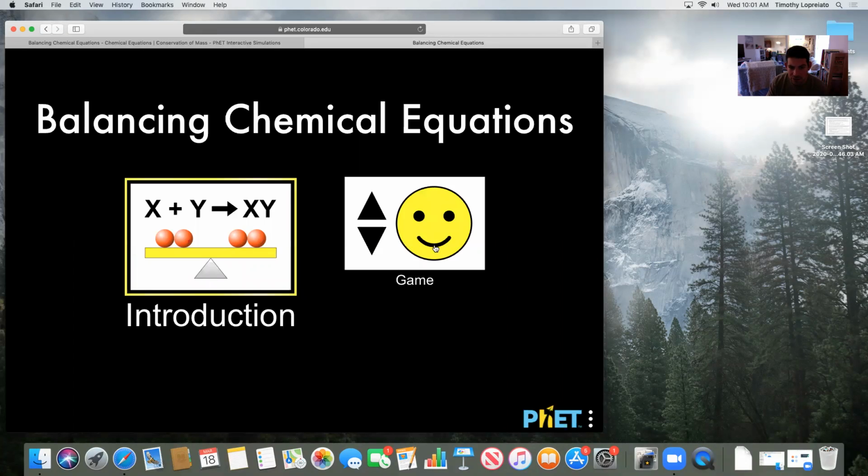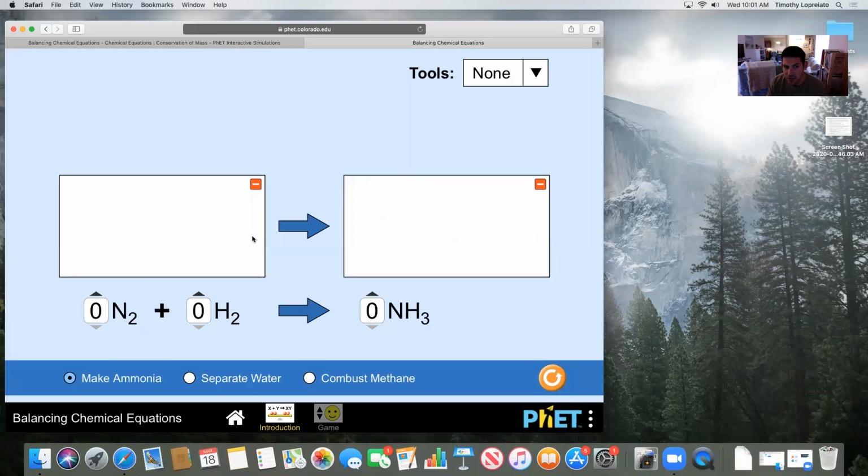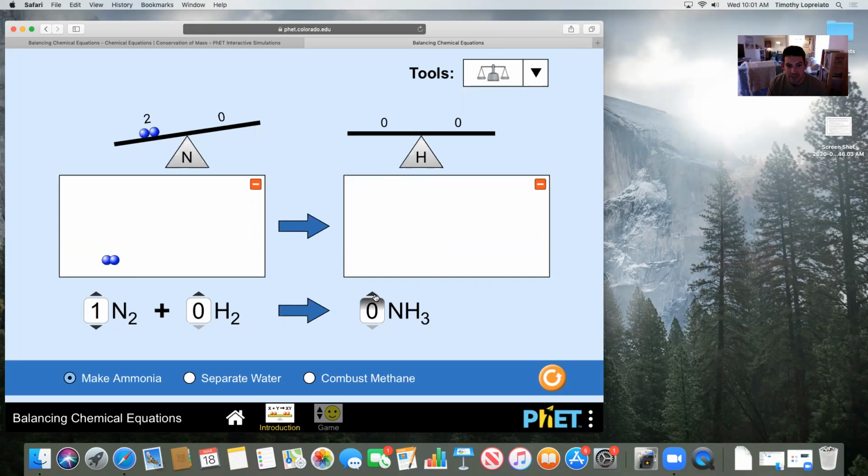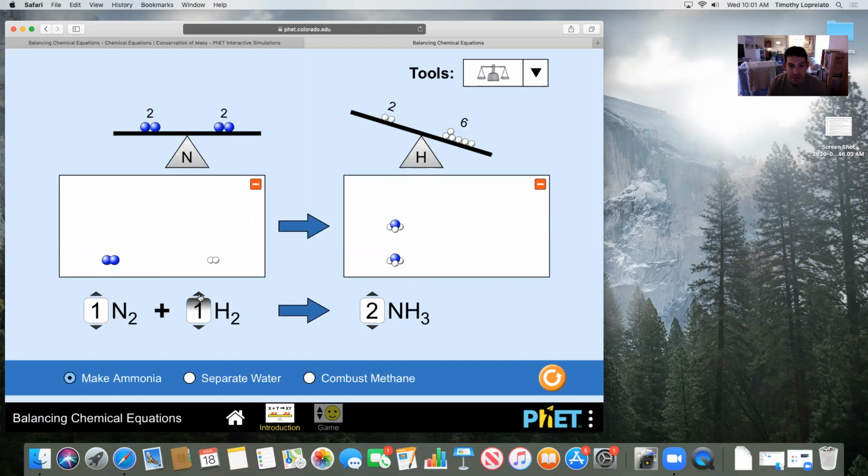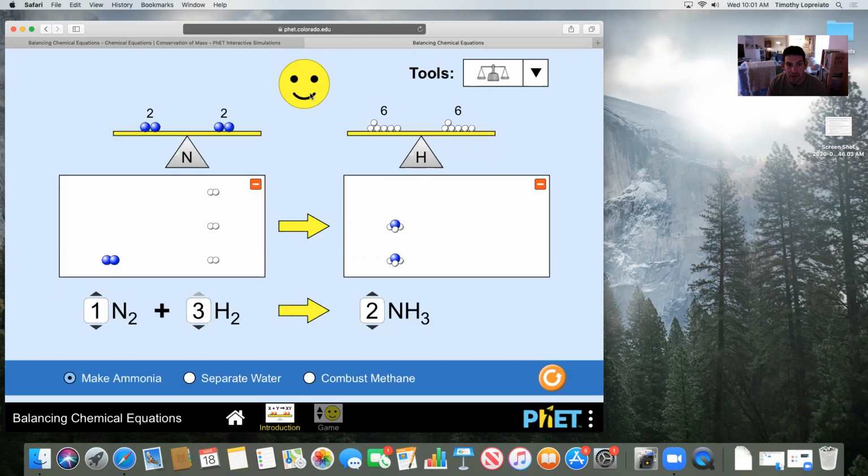All right, we have the introduction and the game. You are tasked with working through the game, but if you want to play around with the introduction, that's what I was looking at yesterday. The tools, you can add the scales so you can see what's going on. So if I add the second one, I can see that my nitrogen is balanced, but my hydrogen is not. As I add some hydrogen, I get it back. Now they're balanced. We're happy.